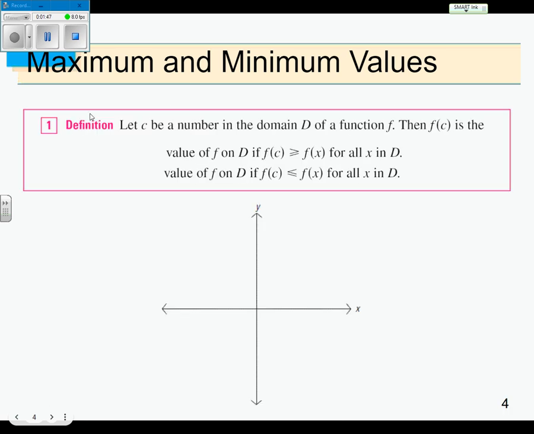And so I'm going to let c be a number in the domain D of a function. Then f of c is going to be known as the absolute minimum value of f on D if f of c is greater than f of x for all x in D. That seems backwards to me.